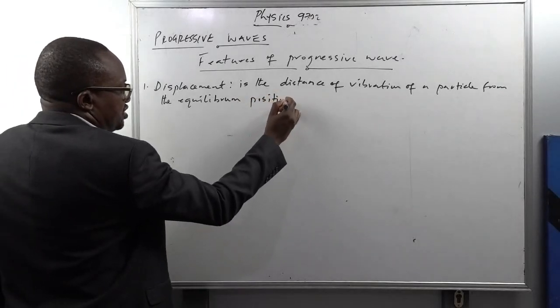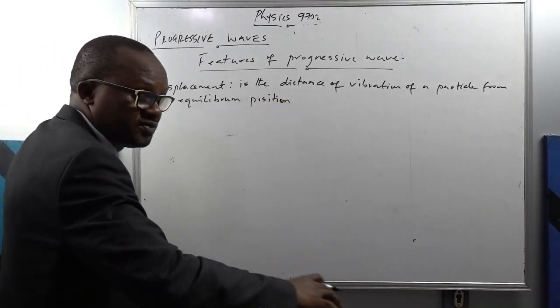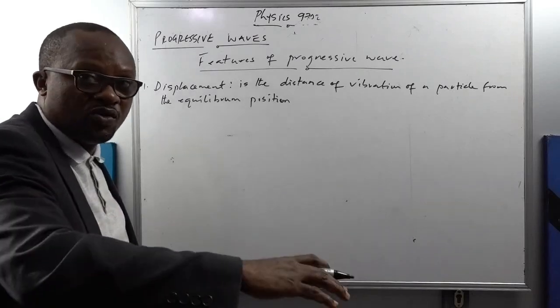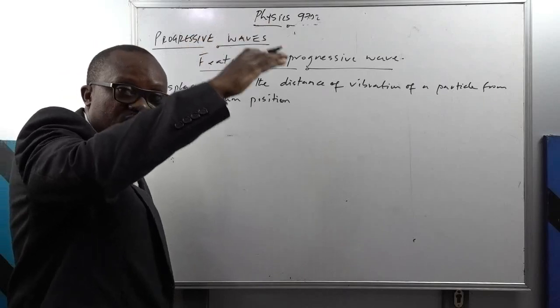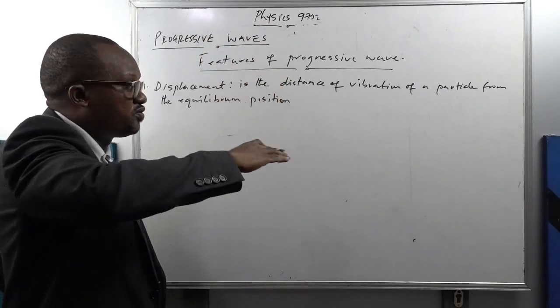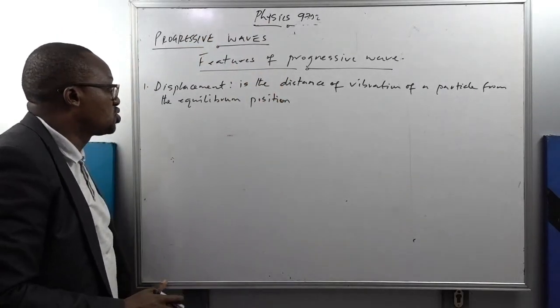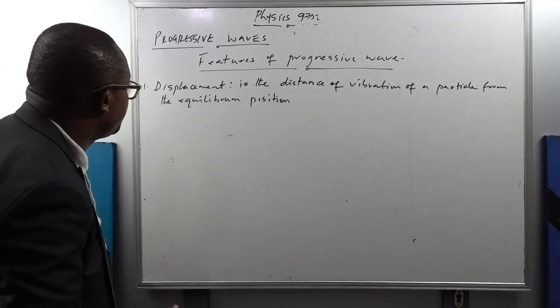Equilibrium position means the rest position when the medium, or the vibration, is not disturbed. So when you set up the vibration of the particle, the distance of vibration of a particle from the equilibrium position is what is called displacement.